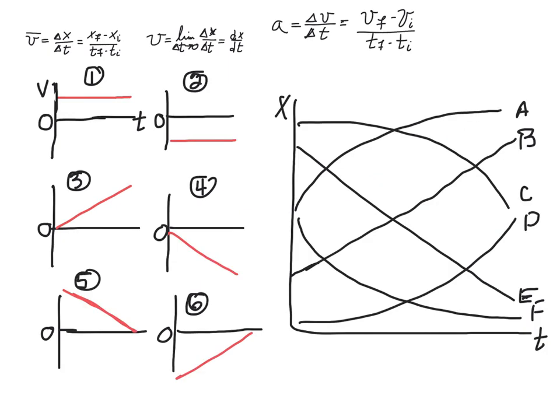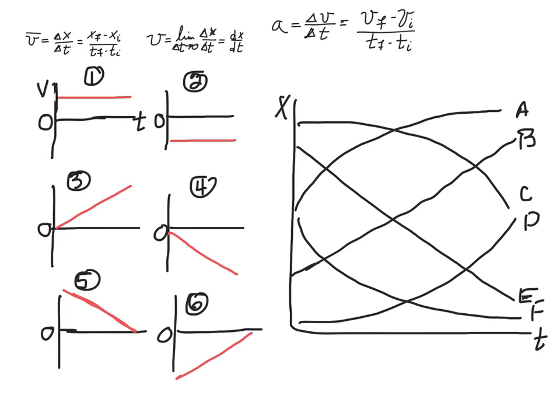Okay, finally the last one. Now we have back to our position time graphs. We have 6 of them and 6 different velocity time graphs. So now we're matching these velocity time graphs to the corresponding position versus time graph over here.